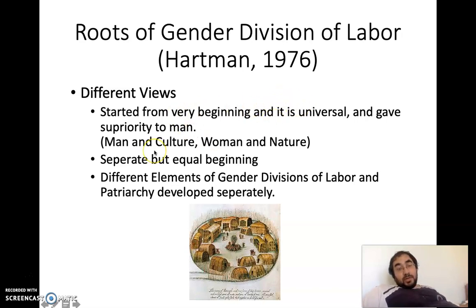And even in the early societies, that superiority of culture over nature existed to some extent, which gives man some superiority. So women are closer to pure nature, and characteristics of pure nature exist in the woman's character, or woman's role, according to this view.